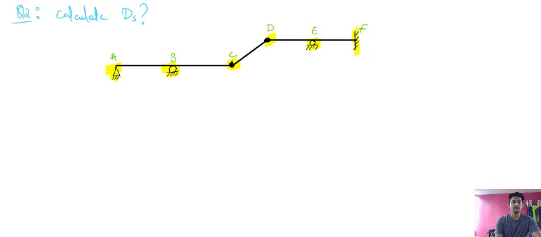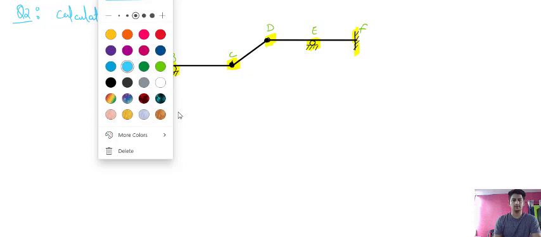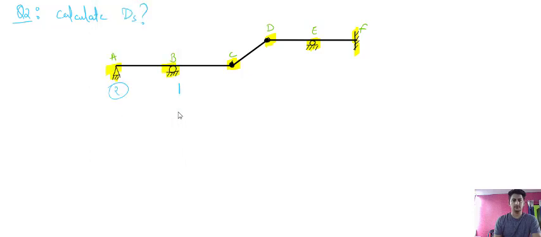Now for calculating the external reactions, the number of reactions here will be 2. This one is a roller support, so it will have 1 reaction. Here it is a fixed support, so it will have 3 reactions. So you have the number of reactions.